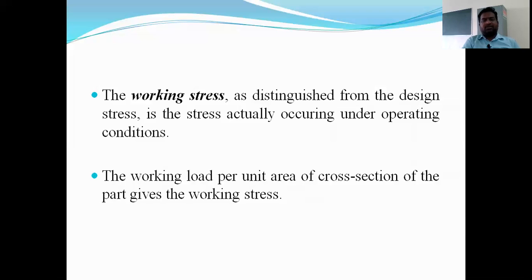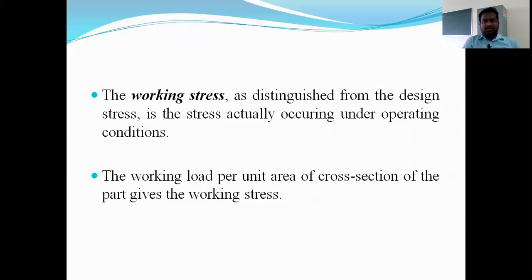Okay, after proper calculation we are getting the final value, but after designing with that value, we take our component and actually put it in working condition. When we put it in working condition, there we are getting some other values.